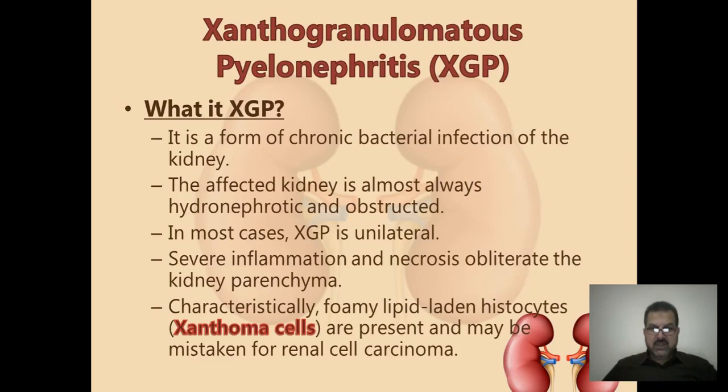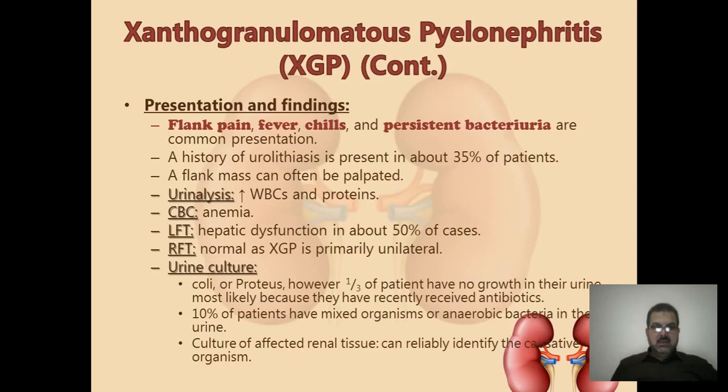It is actually a pathological diagnosis, because it is severe inflammation and necrosis which proliferate the kidney parenchyma. Usually the patient can come with flank pain, fever, chills, persistent bacteriuria. In 35% of patients, you will have a history of kidney stone disease. Usually you can palpate a mass in the flank.